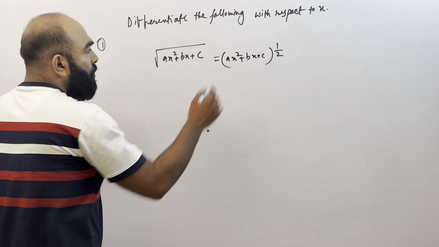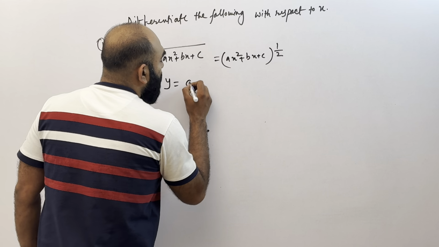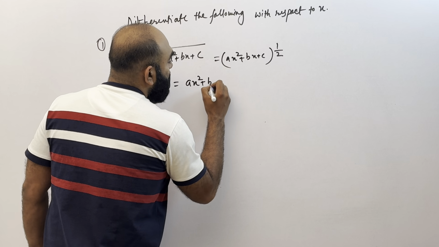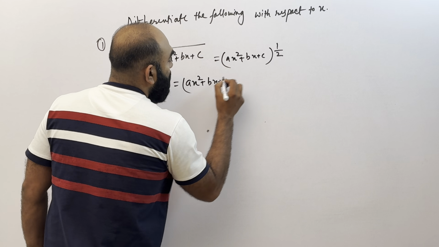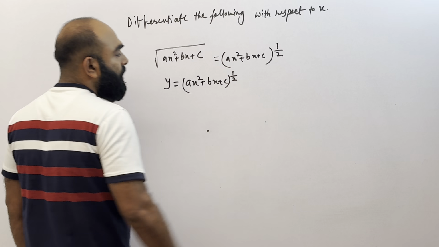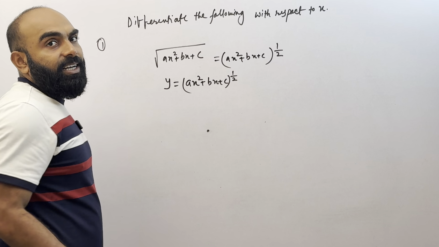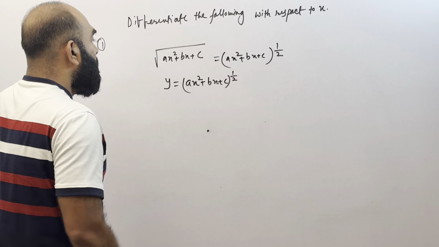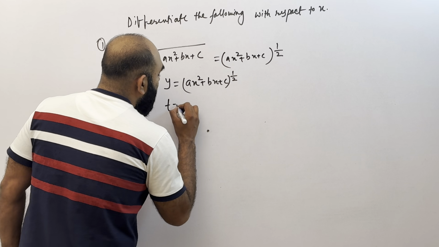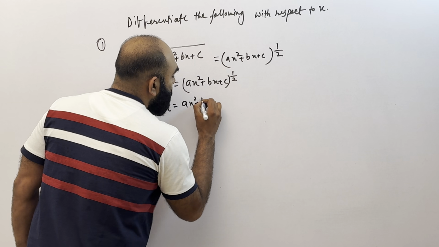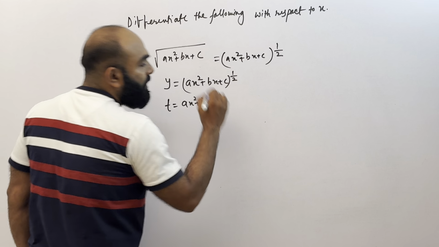First let's assume y is equal to (ax square plus bx plus c) to the power 1 by 2. Now, what is the next step? Whatever is inside the bracket, you have to consider as t, so t is ax square plus bx plus c.